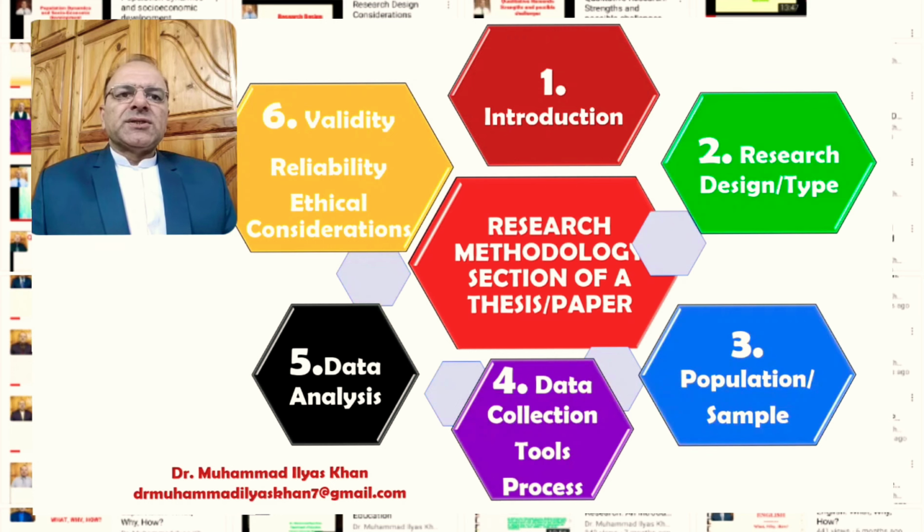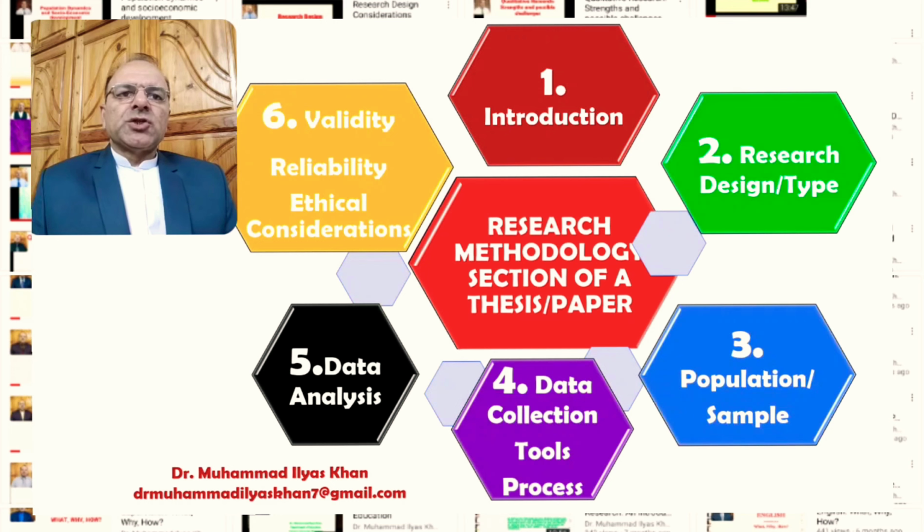The second and actual part of the research chapter or section is the part where there is a description of the research design or the type of research. Like in social sciences, you could have a research design such as quantitative research design, qualitative research design, or mixed method research design.